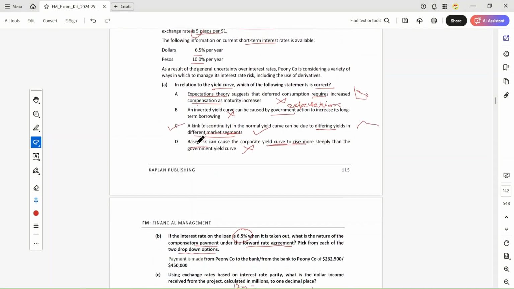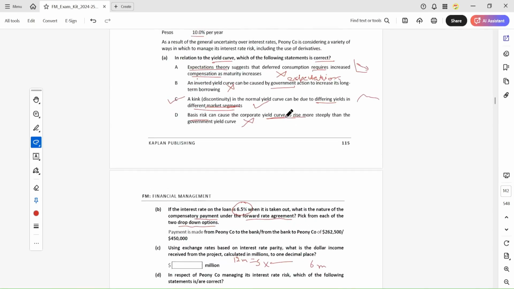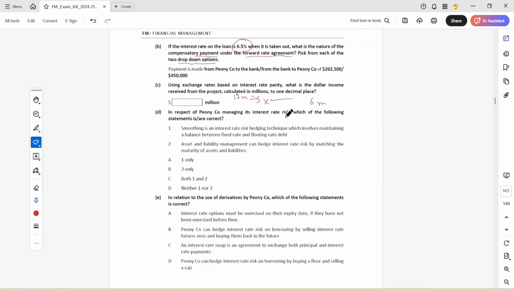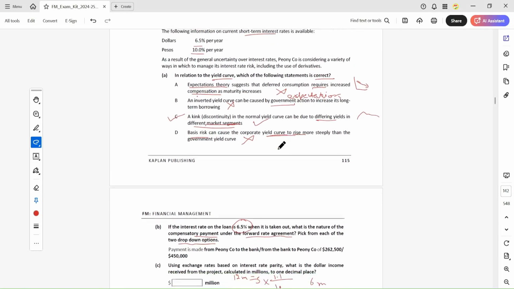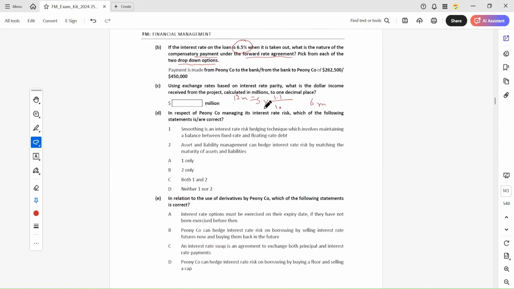Okay, 5 multiplied by the peso rate. So peso 1.1 for 1 year, and 0.65 for the 1 year, right?